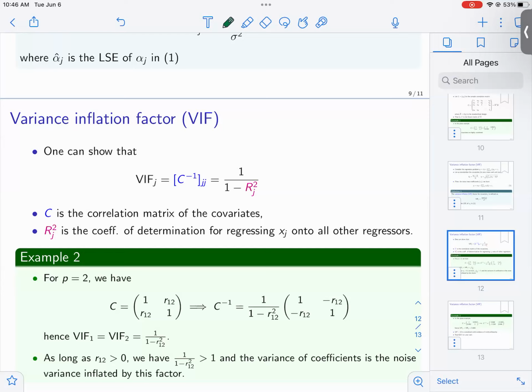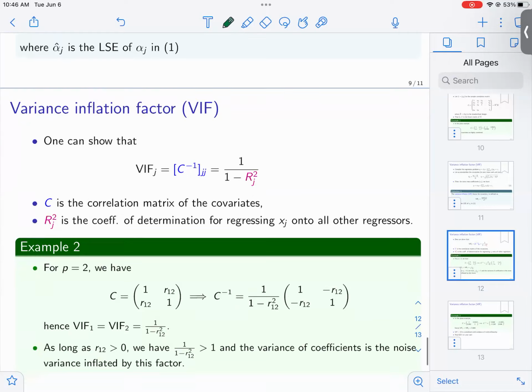In the case where you have just two covariates, you can write down the sample correlation coefficient, and when you invert it, the diagonal entries will be 1 over 1 minus the correlation coefficient squared, which is also the R squared. When you have two variables, the correlation coefficient squared and R squared are the same. So in that case everything reduces to the same thing, but this formula is also useful.